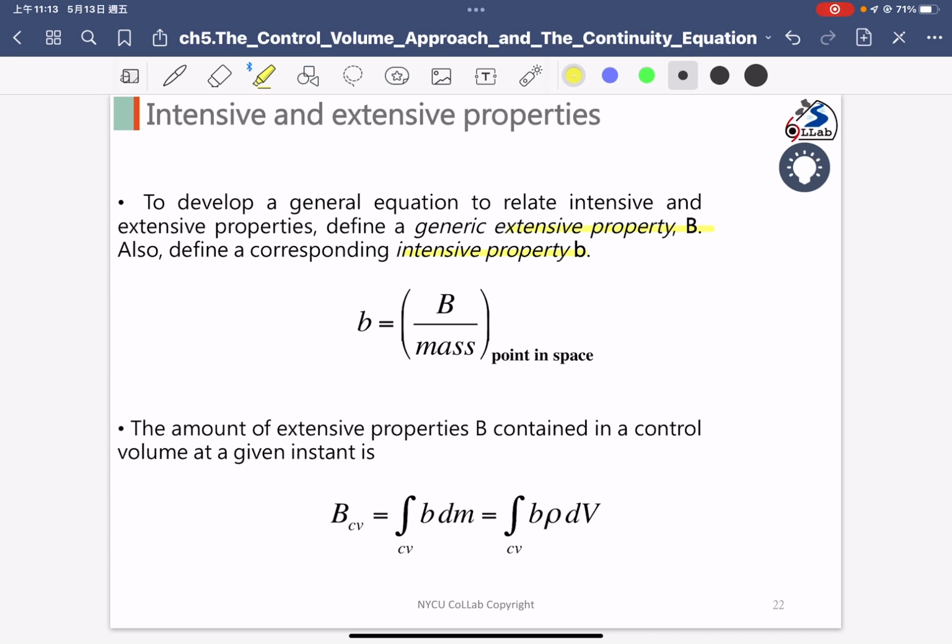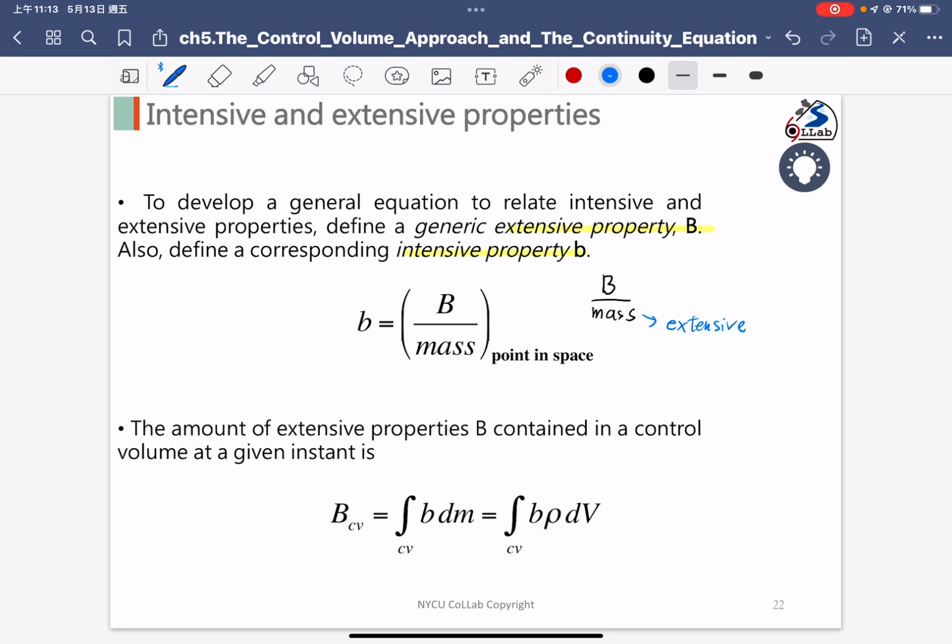So we define one ratio, the extensive B divided by the mass, and as we know the mass is also an extensive property, right?